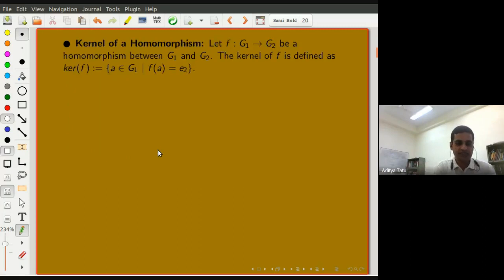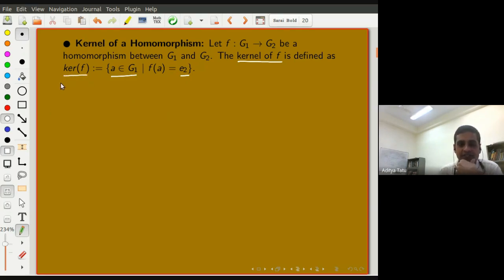Right, so let's move on and see what is meant by the kernel of a homomorphism. Let f be a homomorphism between the groups G1 and G2. The kernel of f is defined simply as those elements of the domain group G1 which get mapped to the identity in group 2. So that's the definition. The notation is ker of f.